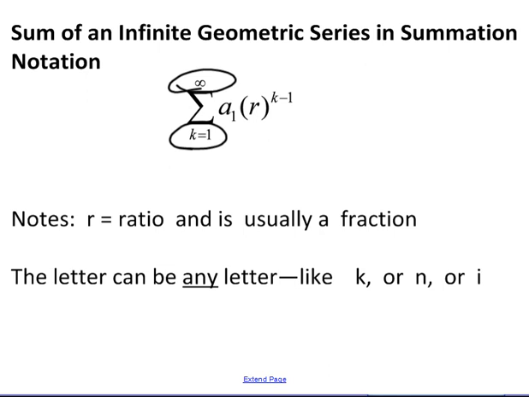Infinity means it's an infinite series, so keep on going forever and ever. A sub 1: the A tells you that you have a sequence or series, and that 1 tells you I need the first term in this geometric series.